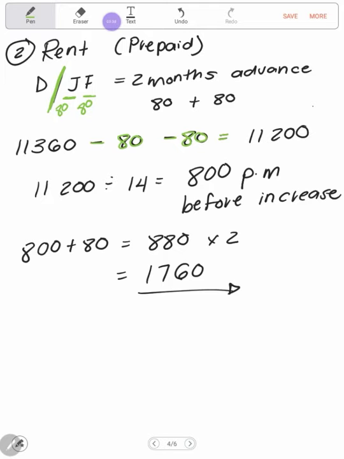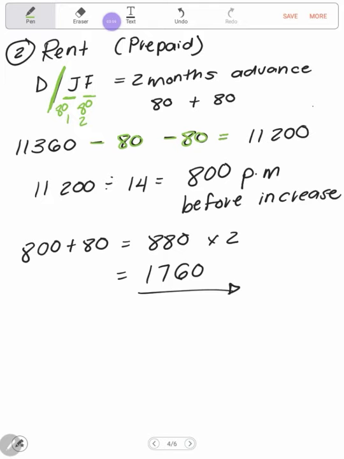So you got to take the 12 months which the business has paid, adding the 2 extra months. So basically we divide it by 14 months because we have paid our rent for 14 months. So our rent per month is 800 Rand per month before your increase.